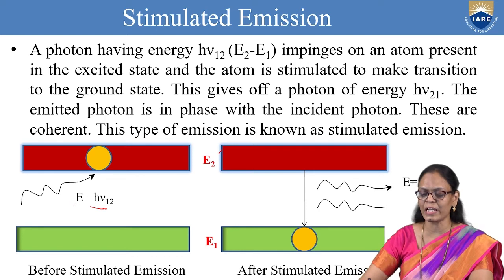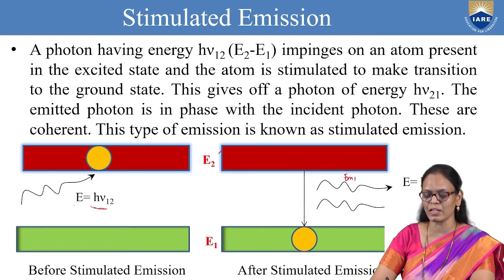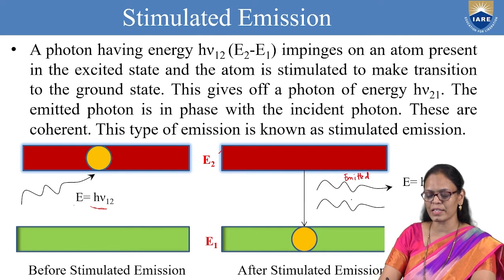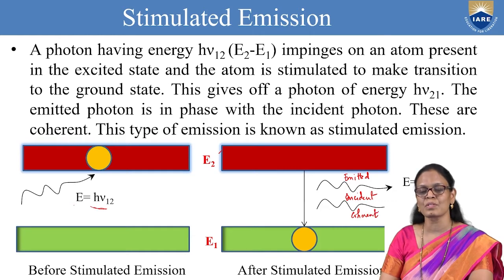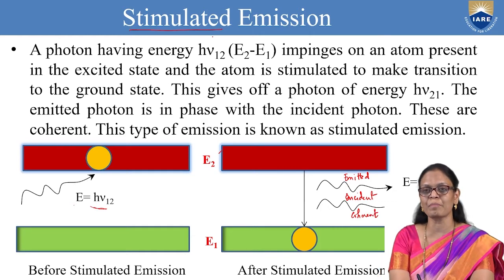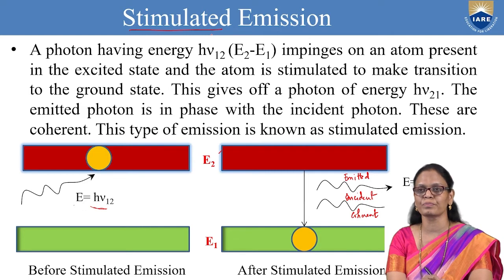So we have E equals h nu 21, which is the emitted energy, and this is the incident photon. If you see these two, they are in phase with each other. So you get a coherent beam, which is a laser beam. With the help of stimulated emission, we can achieve a laser or a coherent beam.